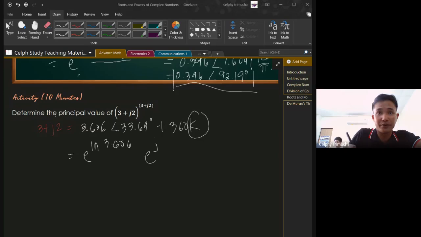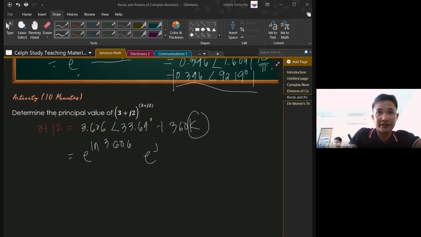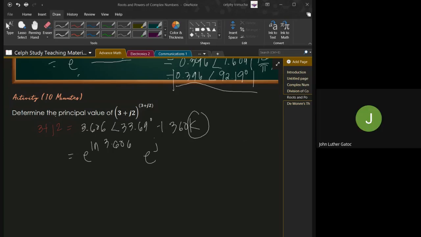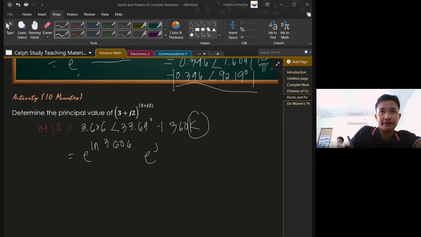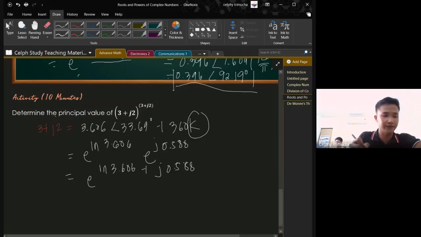33.69 times pi over 180 is 0.588. So we have e raised to ln 3.606 plus J times 0.588.